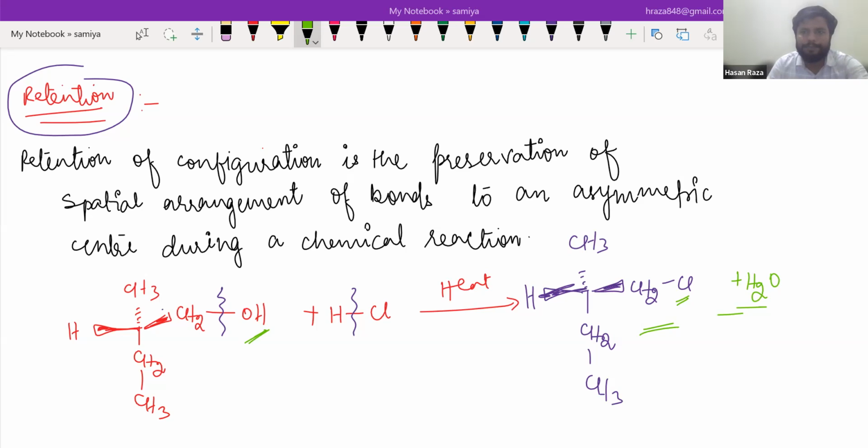Let me know when you are done with this. Aman, Madhya, are you done with this? Sir, just drawing the figures. Okay.